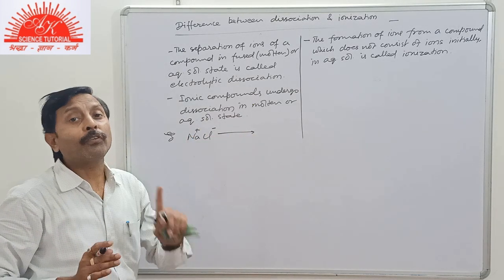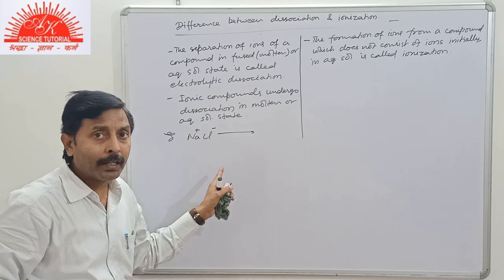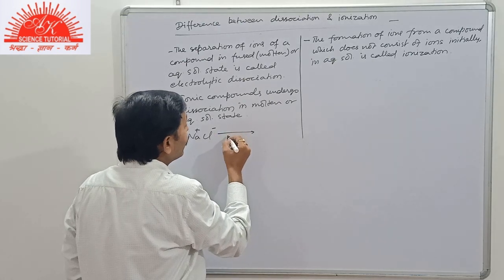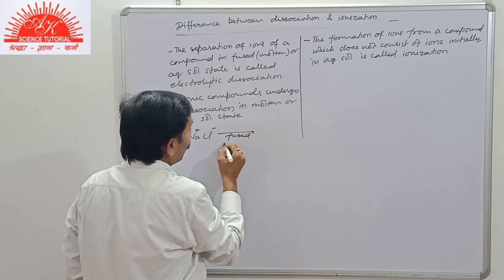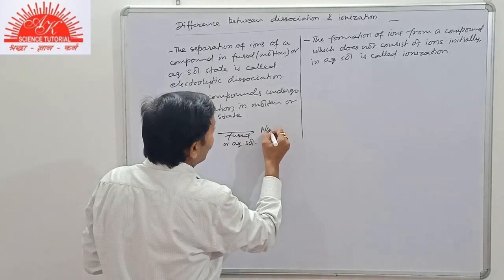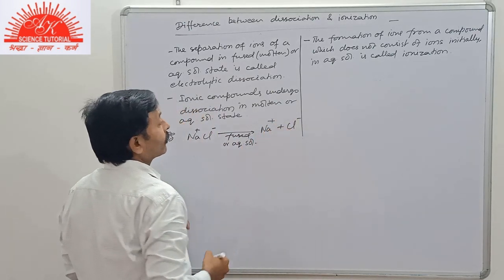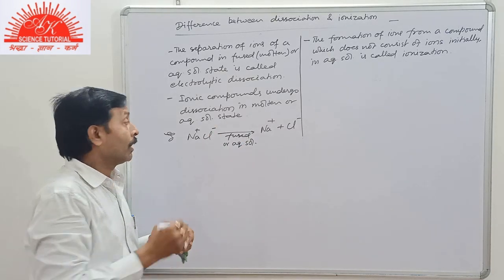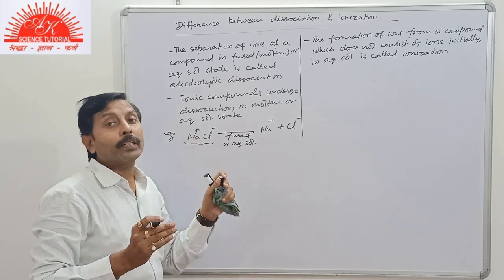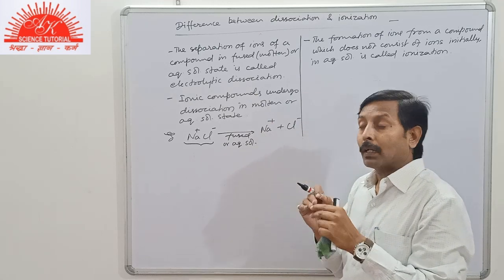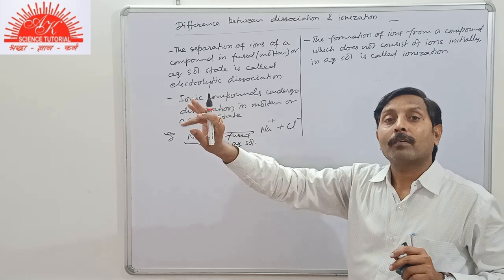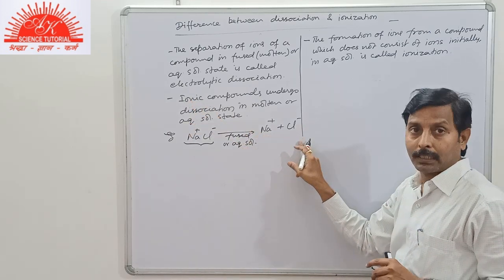The ions do not have to be formed. They are required only to be separated. So when it is melted, that is fused, or dissolved in water, the ions become free. This is called dissociation. In solid state the ions were strongly held, but when melted or dissolved in water, ions become freely mobile. So this is called dissociation.